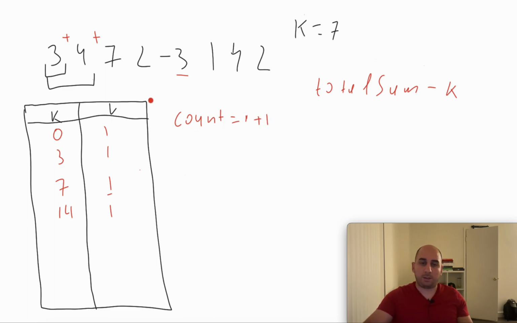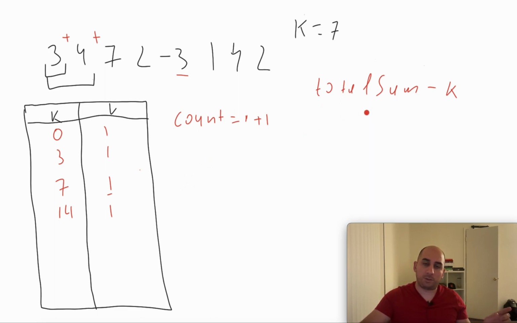So you get the idea, I think, that at this point, what happens is we have the total sum. We are taking our sum from it, whatever our sum is. So our sum is 7. But in order for it to work, we also need whatever is left over from this total sum and k, for example, in this case, 14 minus 7, right?